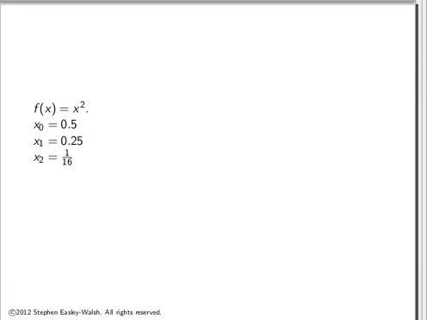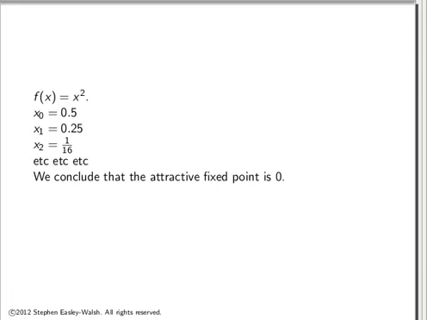Right, now, there was another fixed point. What was the other fixed point? 1. So let's start at a number close to 1. Let's say something like 1.5, 3 over 2. So let's do that now. x0 = 3 over 2.